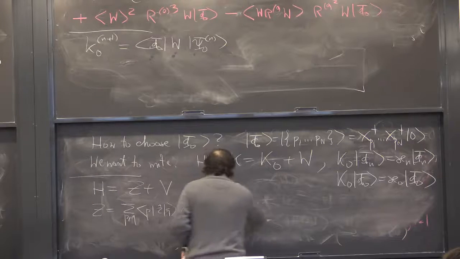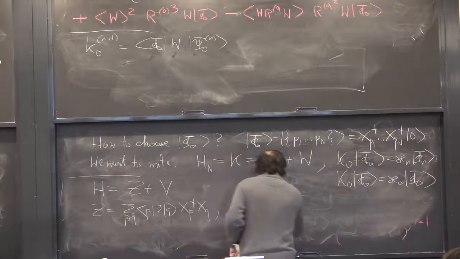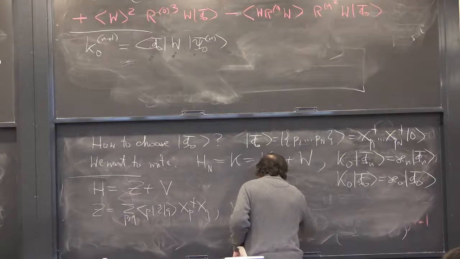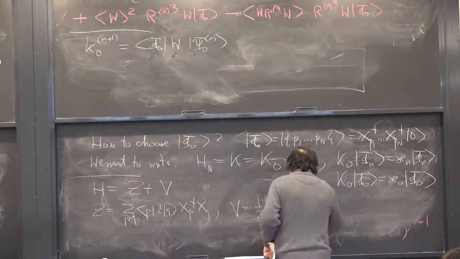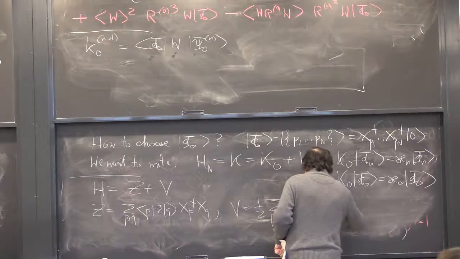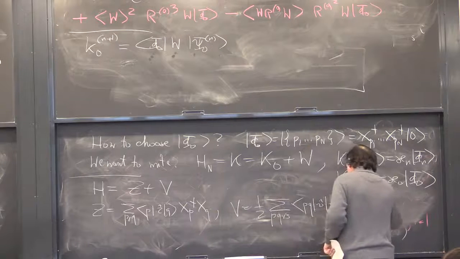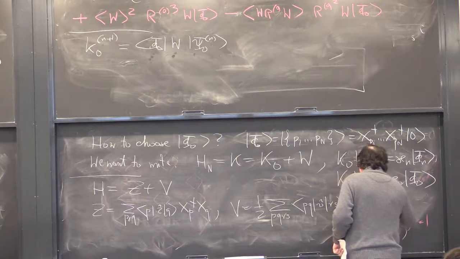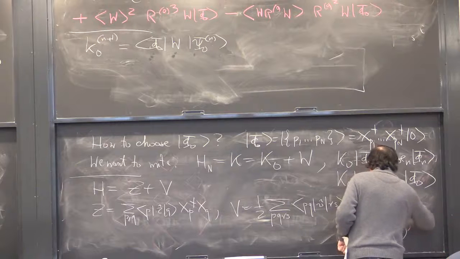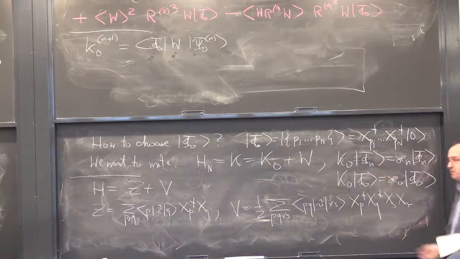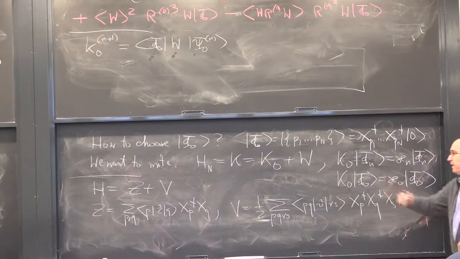We know how to write V, suppose I write it in a sort of Goldstone style: XP dagger, XQ dagger, XS, XR. So with a given spin orbital or single particle basis, I can define these operators.